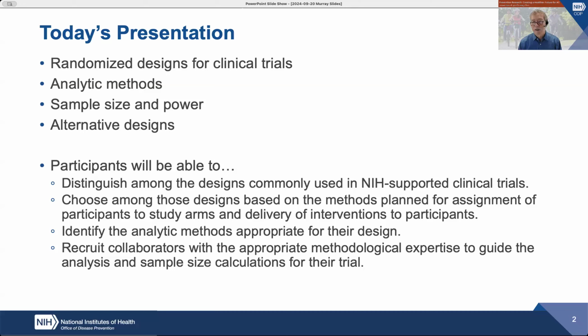At the end of this section of the course, you should be able to distinguish among the designs that are commonly used in NIH-supported clinical trials. You should be able to choose among those designs based on the methods that you are planning for assigning participants to study arms and delivering your intervention to participants. Those methods are extremely important for dictating the type of design that you should use.